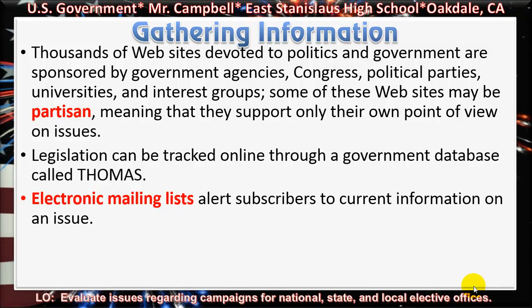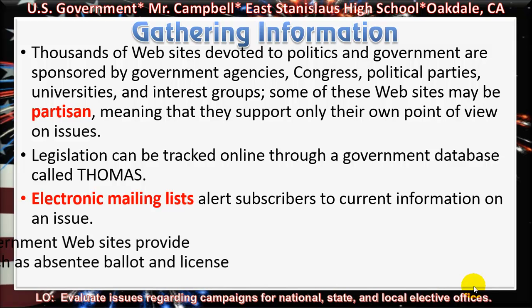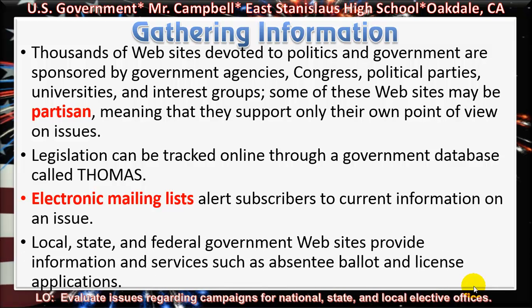Electronic mailing lists alert subscribers to current information on an issue, and local, state, and federal government websites provide information and services, such as absentee ballot and license applications.